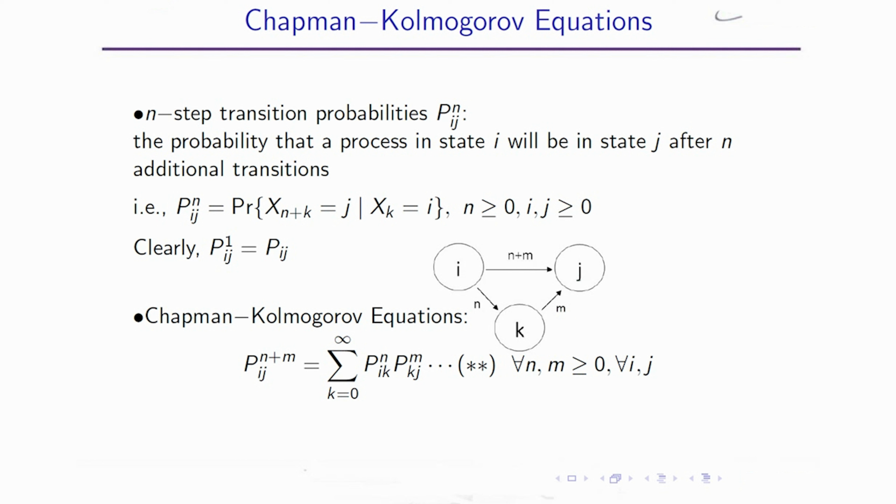Chapman-Kolmogorov equations. So we have learned the one-step transition probability matrix.